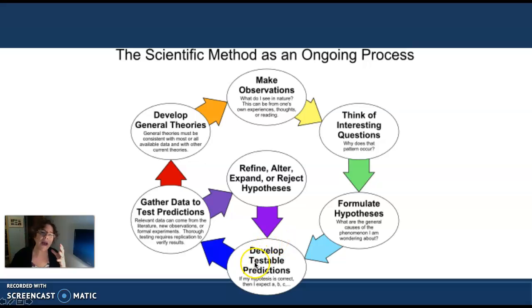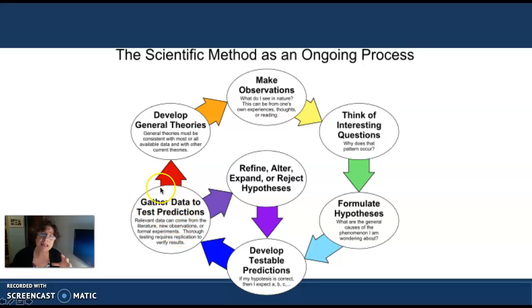Then you want to go and test your prediction, but in astronomy that's very difficult to do because we can't test what is up in the atmosphere, and we can't test what is beyond our atmosphere and out into space. We'll learn about what we can do in astronomy and what we can measure in regard to our observations.